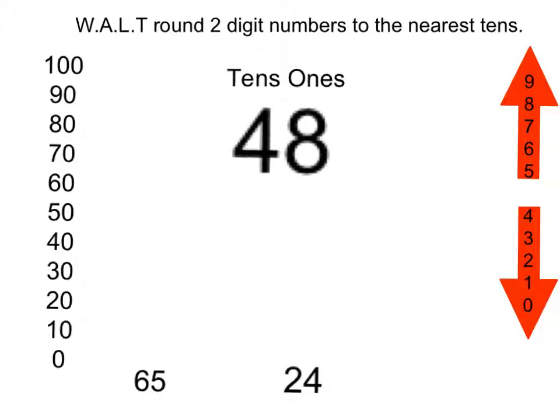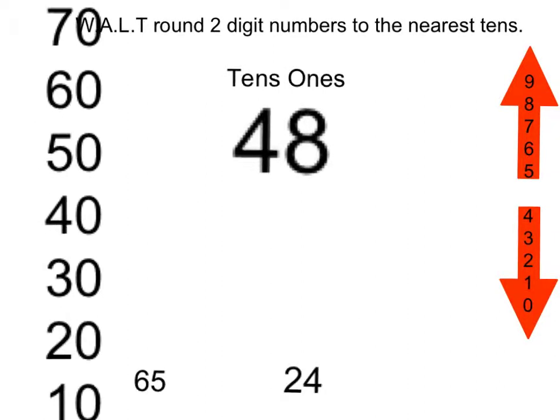Now, number 48, I've put it up here showing the tens and the ones because it's really important that we know that, especially in the ones column. It gives us a big clue about whether we round up or down. So we need to decide whether 48 rounds up to 50 or down to 40.